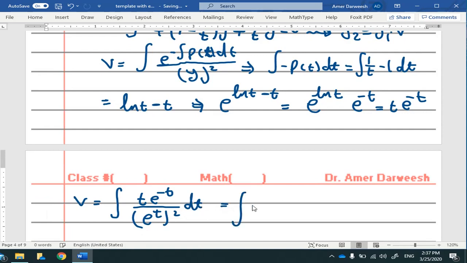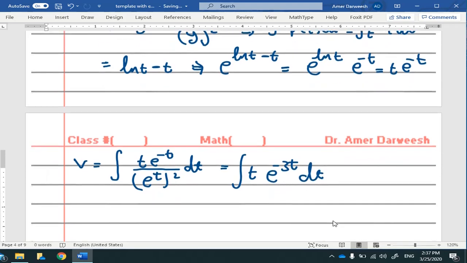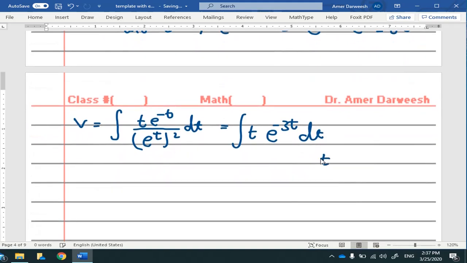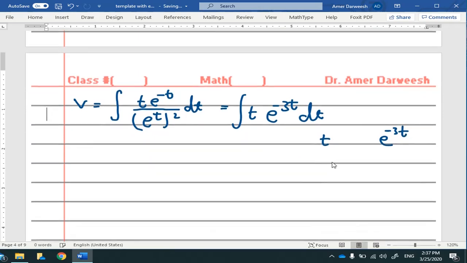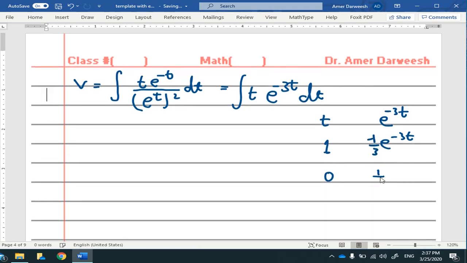This equals the integral of t times e to the minus 3t, because I have e to the 2t in the denominator and e to the minus t in the numerator, so you get this integral. Now this integral can be done by parts, so I'm going to use the tabular method. I have t, and here e to the minus 3t. If you differentiate, you get 1, then 0. If you integrate, you get e to the minus 3t times minus 1 over 3, integrate again, you get 1 over 9 e to the minus 3t.